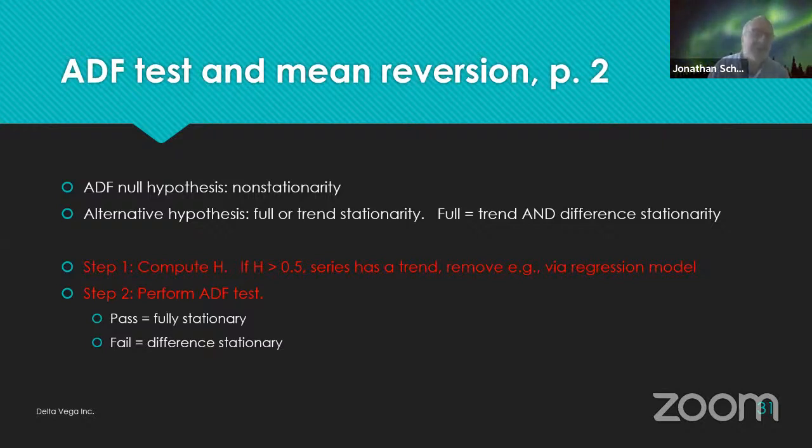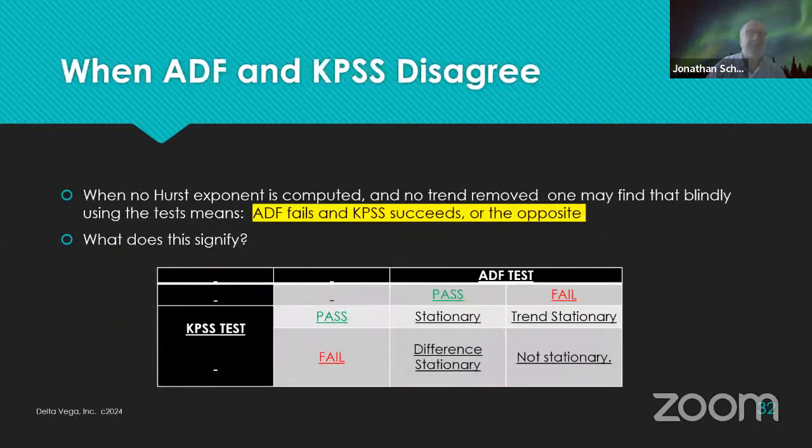So then what you need to do is compute h first, and if h is greater than 0.5, as I said in the table, then it has a trend. So then you could fit a line to it and remove that trend and retest. In that case, you would know the difference between the ADF, whether it's fully stationary or not. You could rule out trend stationarity.